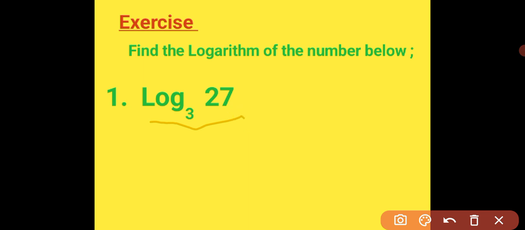So what is log to base 3 of 27? Do it and give me the answer. Solve it and give me the answer in the comment.